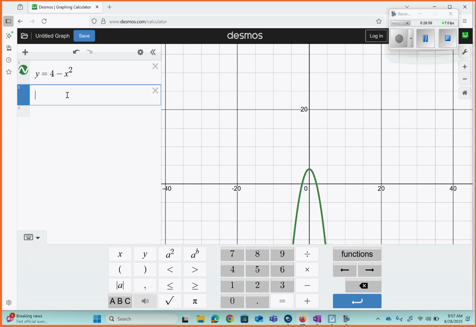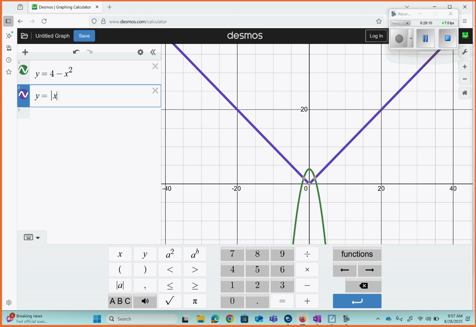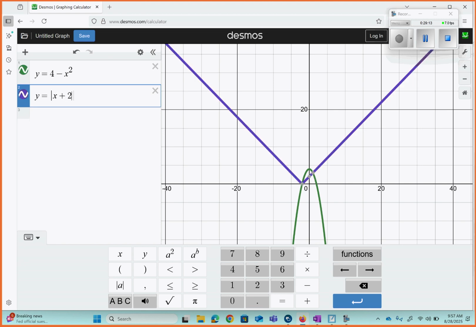That's great. And then I'm going to get y equals the absolute value. Absolute value is right here. And I'm going to get x plus 2. Arrow over. And then hit the absolute value one more time. And then minus 3.